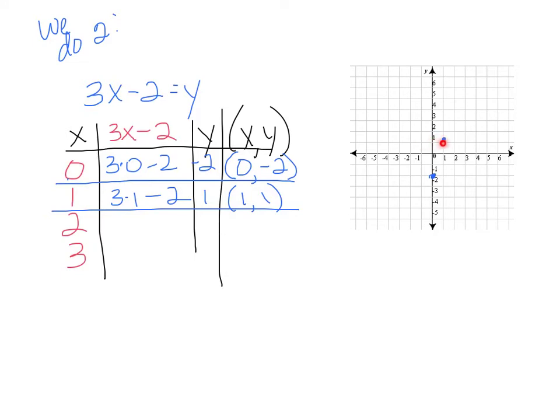All right. Now, x is 2, so I'm going to plug 2 in there. 3 times 2 minus 2. 3 times 2 is 6. Subtract 2 from that, that's 4. So when x is 2, y is 4. We will go 2 on the x, 4 on the y, right there.